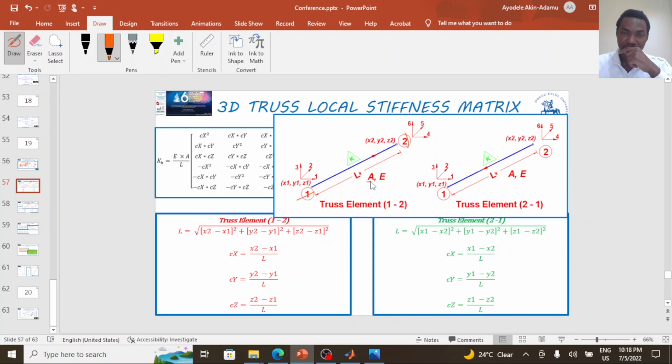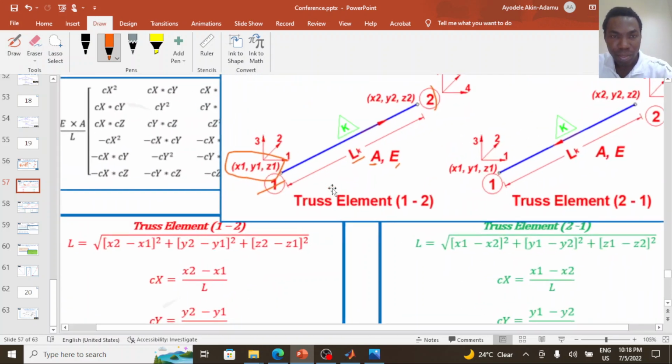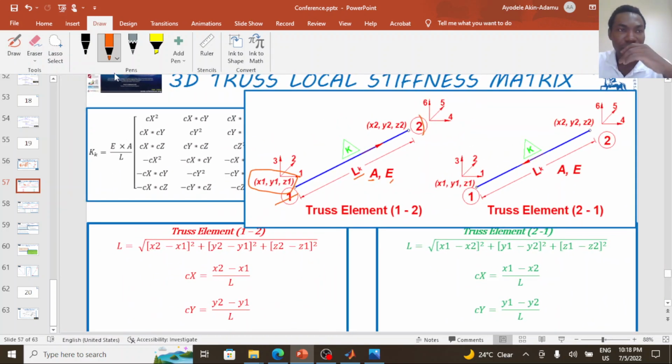A represents the cross-sectional area of the element, E represents the Young modulus, and L represents the length of the 3D truss element. Let's say our coordinate definition at node 1 is x1, y1, z1, and for node 2 the coordinate definition is x2, y2, z2.